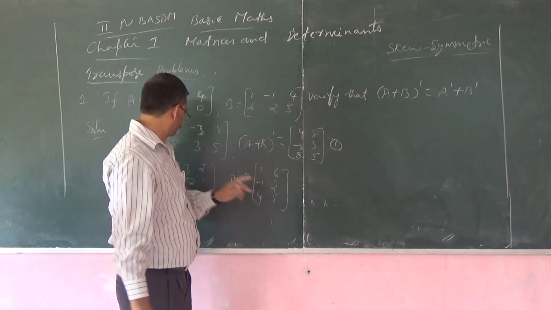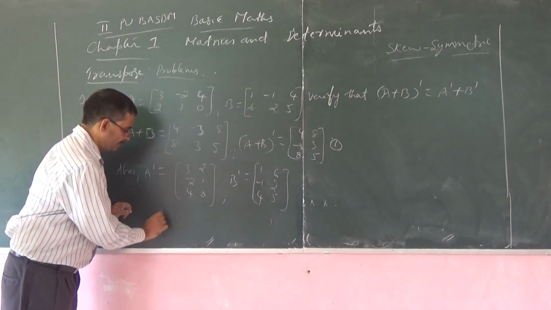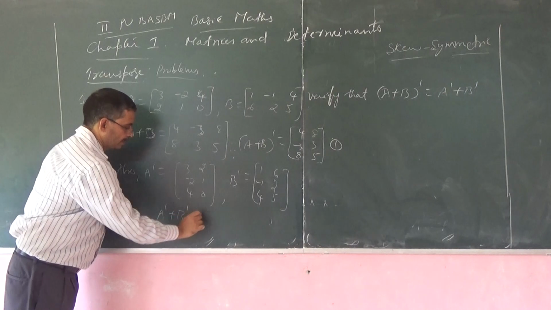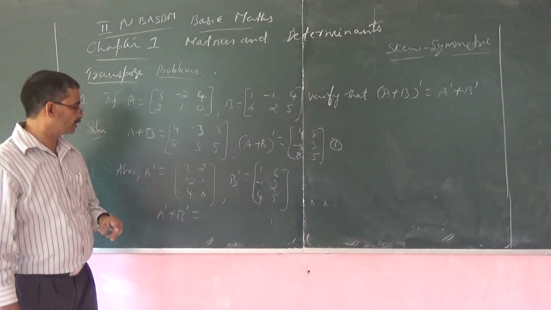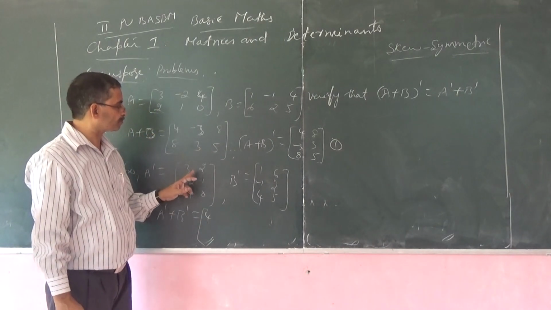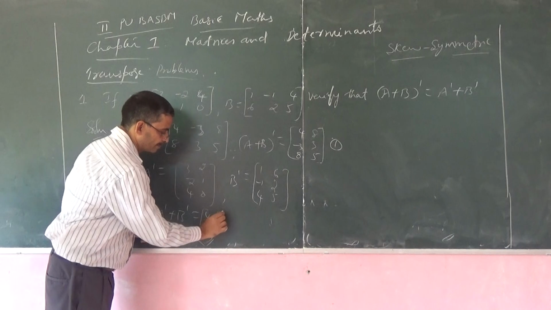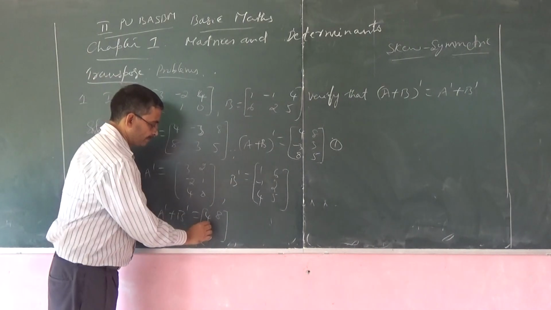Now add the two, A dash plus B dash. Corresponding elements add: 3 plus 1 is 4. Next 2 plus 6 is 8. Next minus 2 minus 1 is minus 3.